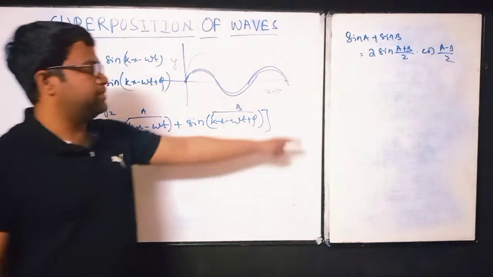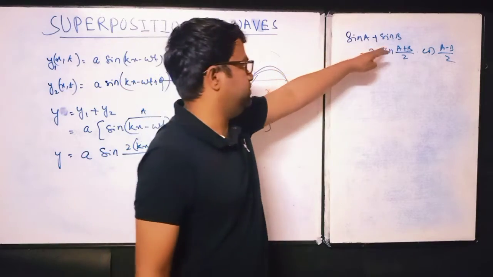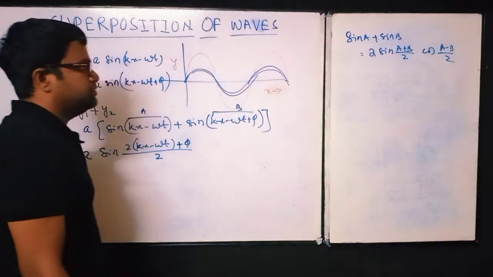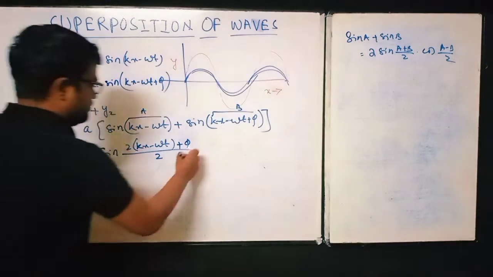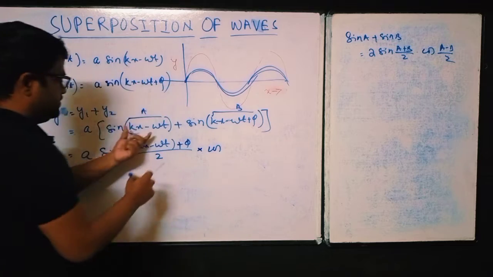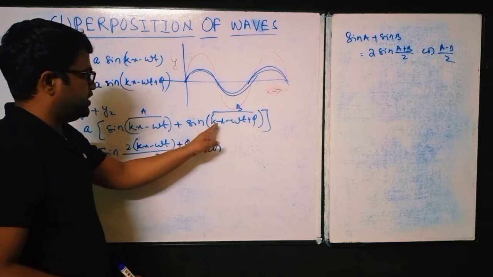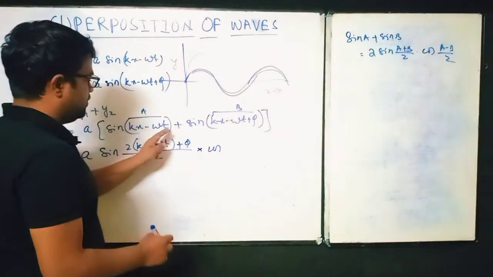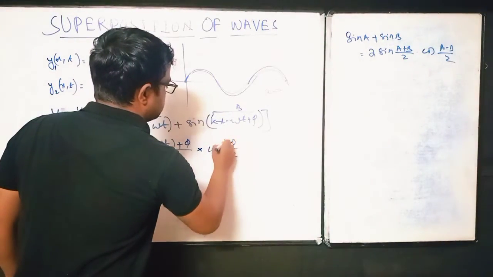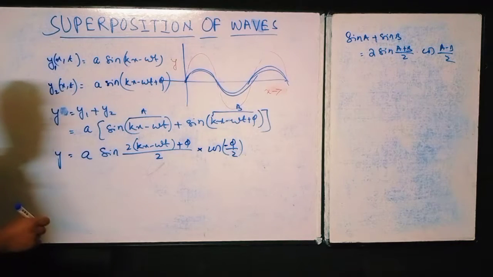Look at the formula, right? sin A plus sin B equals 2 sin((A plus B) by 2) cos((A minus B) by 2), and multiplied by cos((A minus B) by 2). So this one minus this one, kx minus omega t cancels out, and minus phi, so minus phi by 2. Fine.